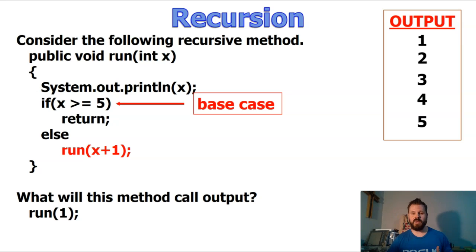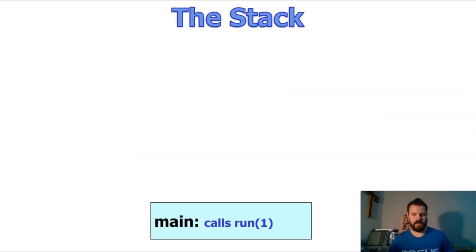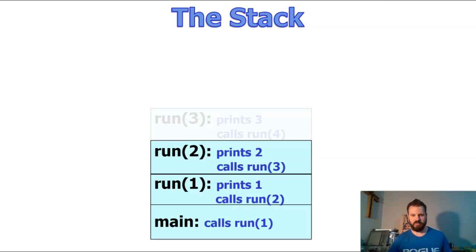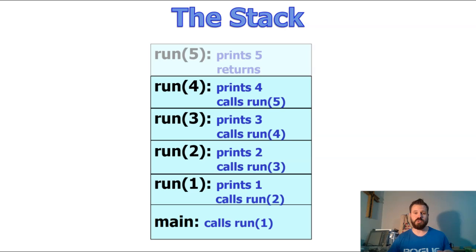To make a recursive method work correctly, without breaking Java, we need that base case. So let's take a look at how this works out differently from a stack perspective. The main method calls run 1. Run 1 is going to print 1 and call run 2, which prints 2 and calls run 3, which prints 3 and calls run 4, which prints 4 and calls run 5, which prints 5 and then returns.